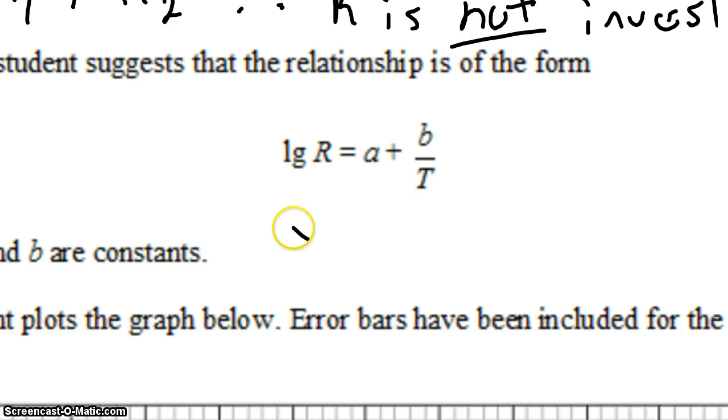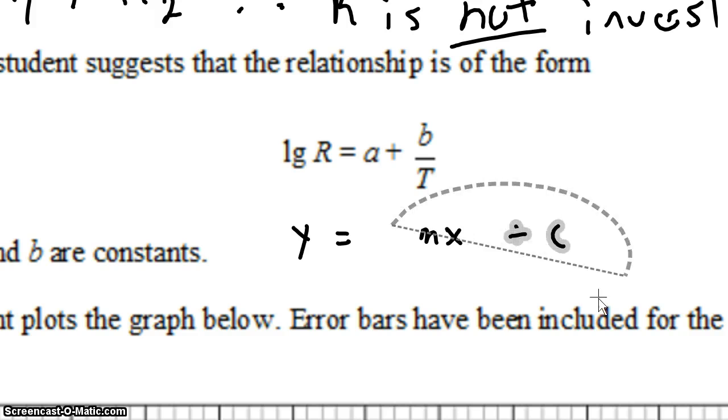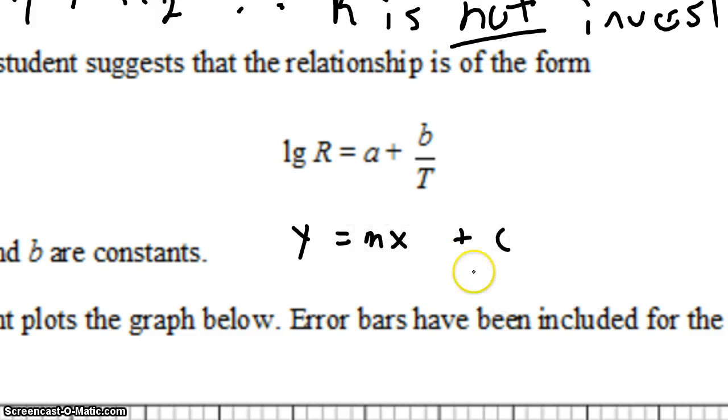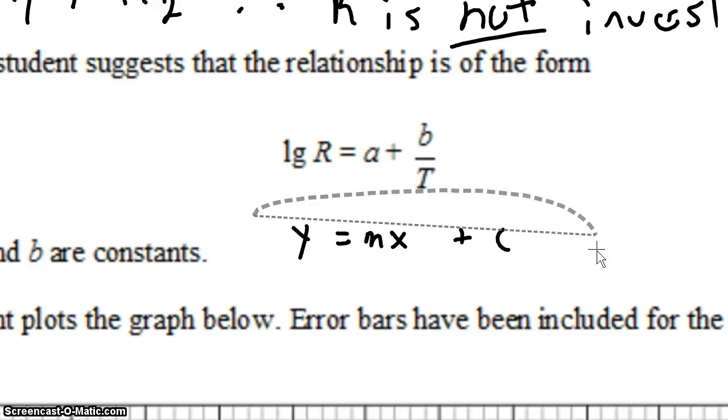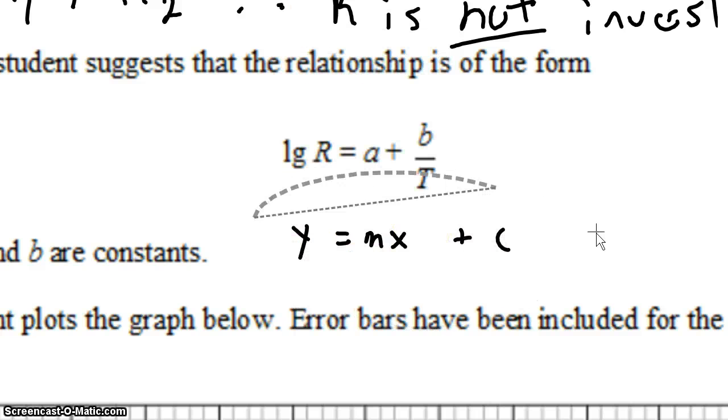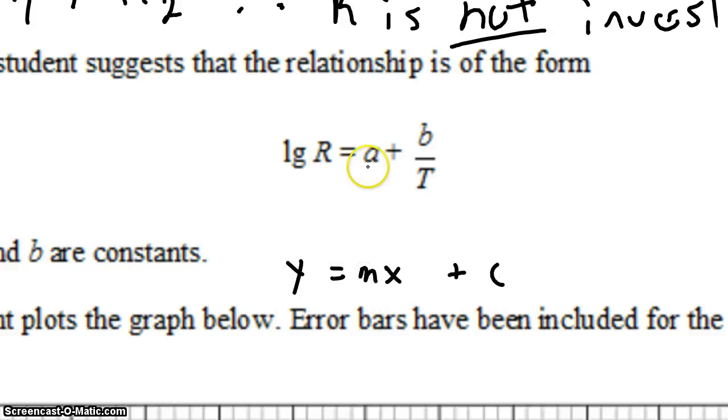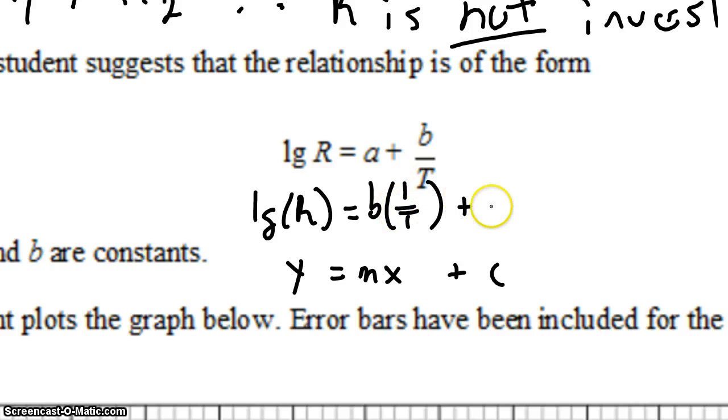If we take our standard form of a straight line, y equals mx plus c, and compare that to what we have here, we can see that if we rearrange it just a little bit, the natural log of R equals b times 1 on T plus a. We can see that all the elements line up.